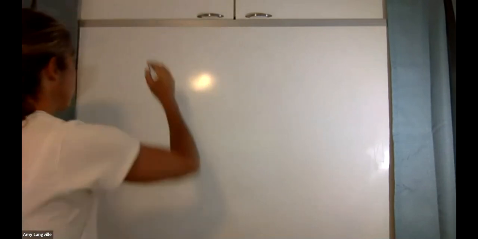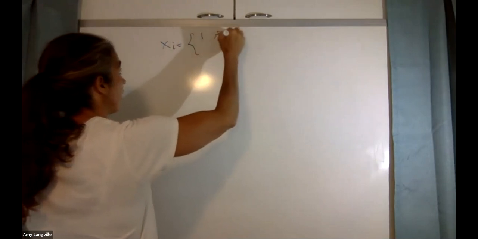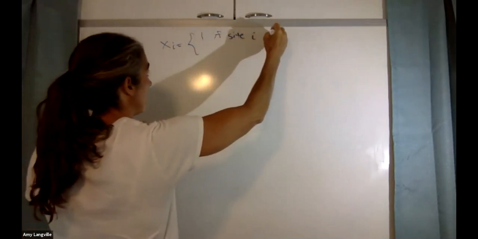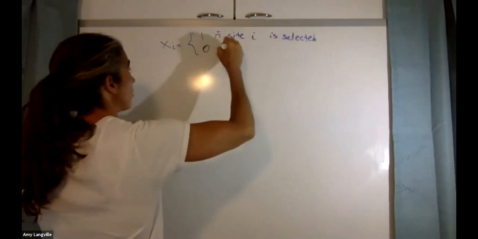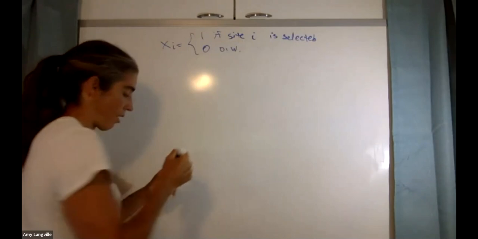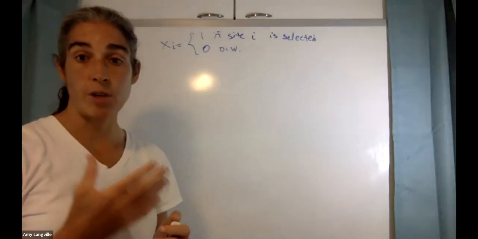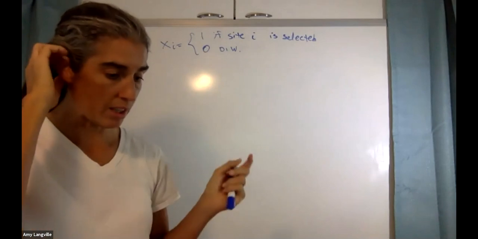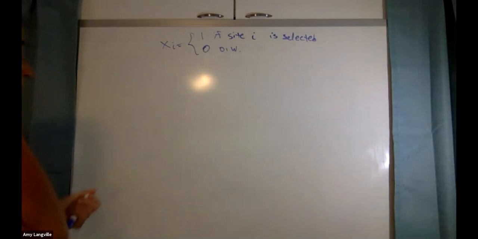So we can say Xi equals 1 if site i is selected, 0 otherwise. So right away, from that decision variable description, we know this has to be in the integer programming class, a binary integer program.